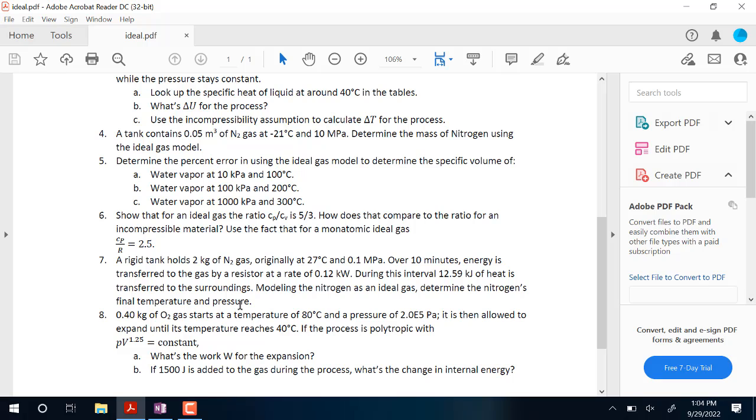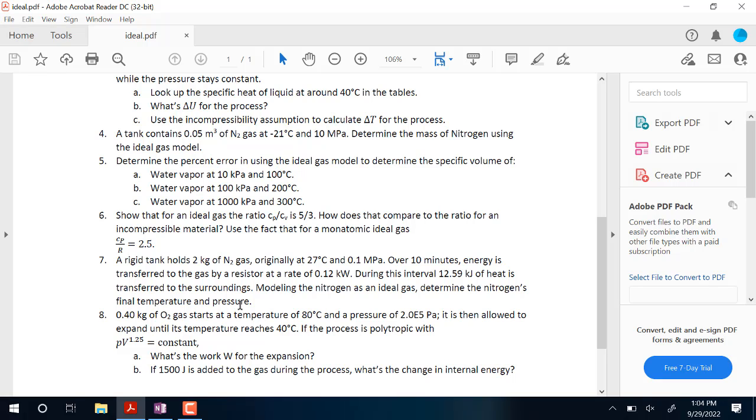It's at 27 degrees Celsius, gives the pressure 0.1 megapascals. And over 10 minutes, energy is transferred to the gas by a resistor, but energy is just put into the gas at 0.12 kilowatts.